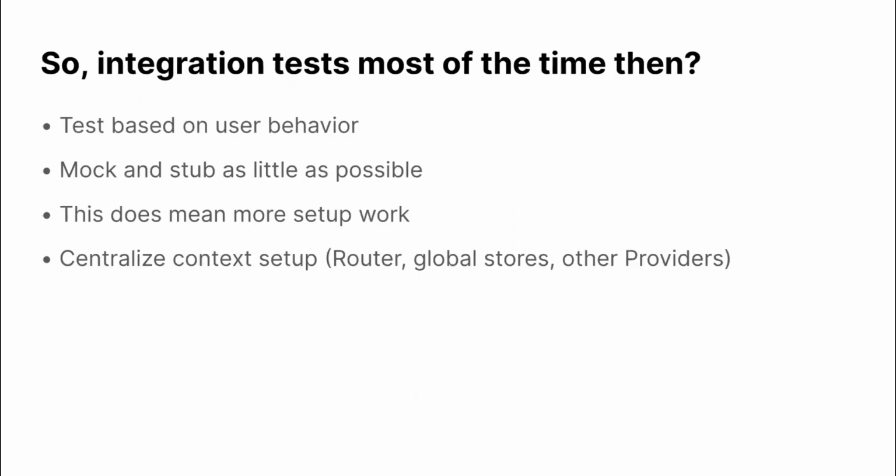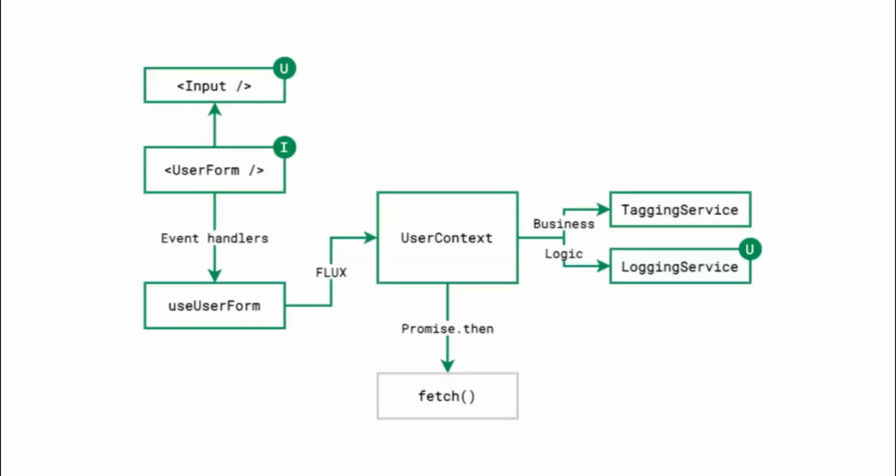All right, so a few points on that just to complement that. One is you should be testing based on user behavior and not simply looking at the code itself and how a function works. I'll not get into the whole concept of behavior-driven development. That's something that is its own topic. But the basic principle is that your test will cover user flows and user behaviors and paths. You'll mock and stub as little as possible.